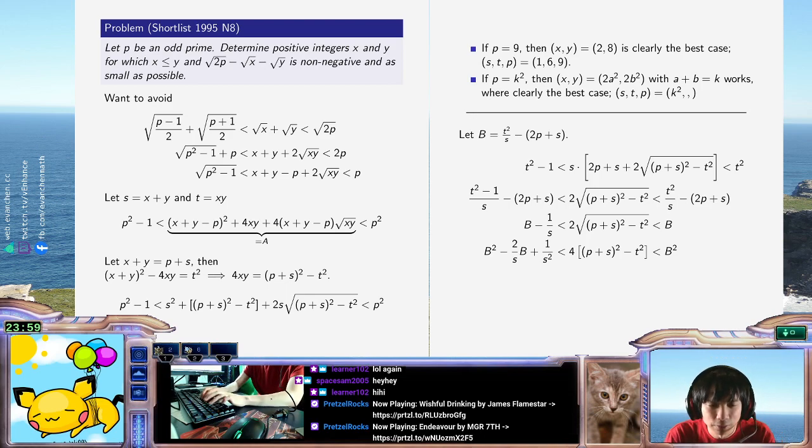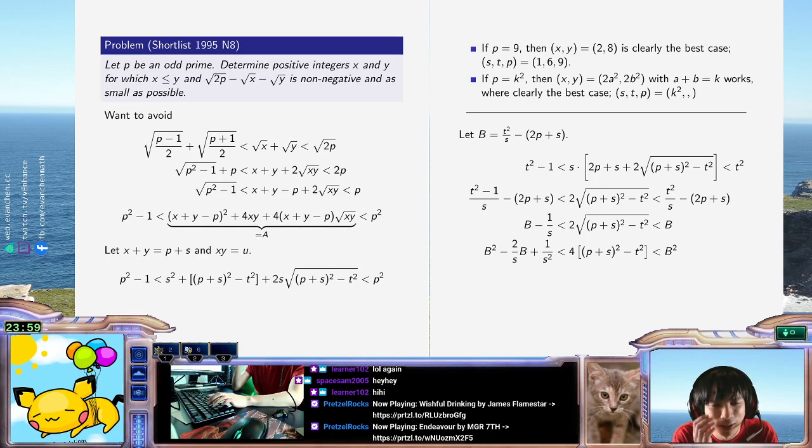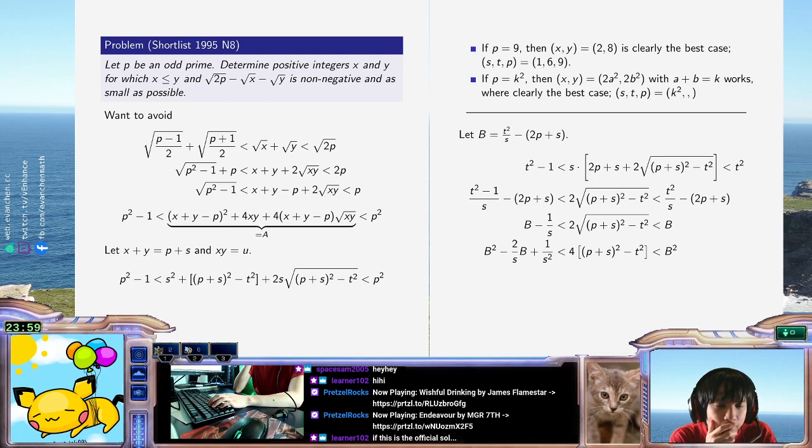So let me just remember that later, and so xy equals u, and so this piece plus s squared minus. Oh no, but I want to get rid of the. Jeez. Well, okay. This is the official solution? Yeah, I don't know what I'm doing. I'm just making stuff up.